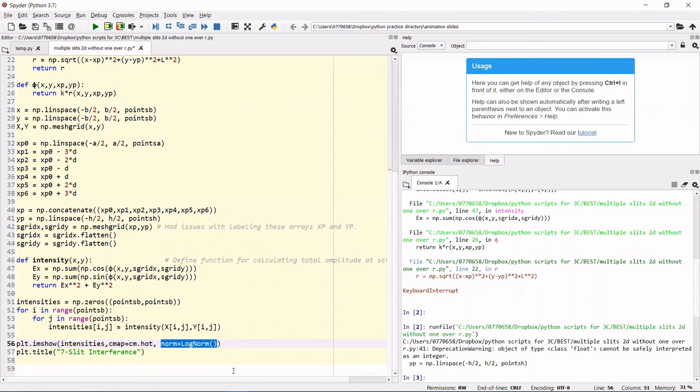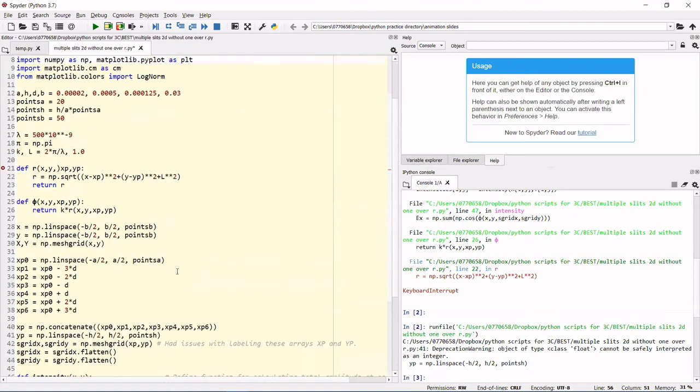I mentioned a few minutes back that a wave that's 10 times as intense doesn't necessarily look 10 times as bright to the human eye. So maybe it's more of a logarithmic dependence of perceived brightness on intensity. And I'm doing the same thing here with how the computer color codes the various intensities. It's basically exaggerating the difference in all the intensities to better represent how your eye would perceive the interference pattern on the screen.